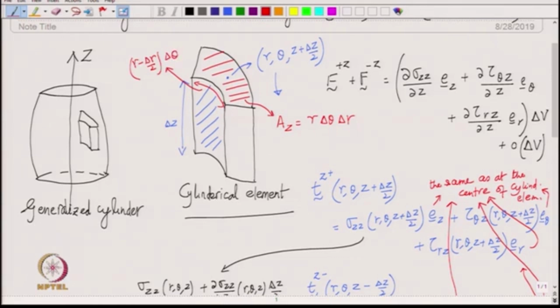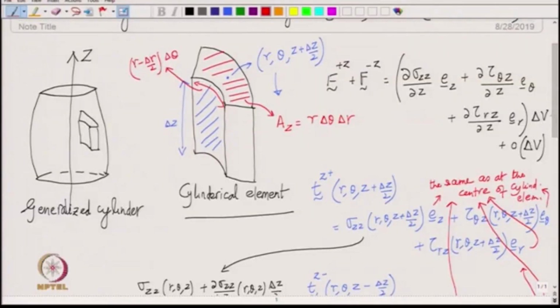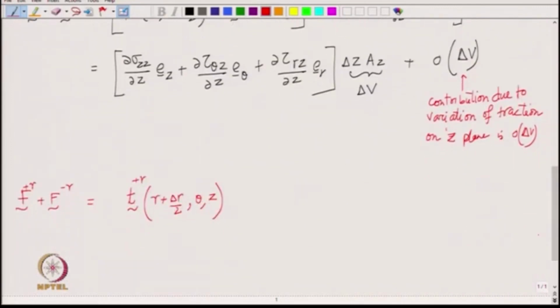And as delta r, delta theta, delta z go to 0, this curve will start looking like a straight line, and then what will be the area? That is simply the product of the sides. So, small r minus delta r by 2 into delta theta into delta z, right. So, that was for negative r plane. For positive r plane, you will have small r plus delta r by 2. Okay. So, basically here this is small r plus delta r by 2 into delta theta into delta z. So, that is the area.